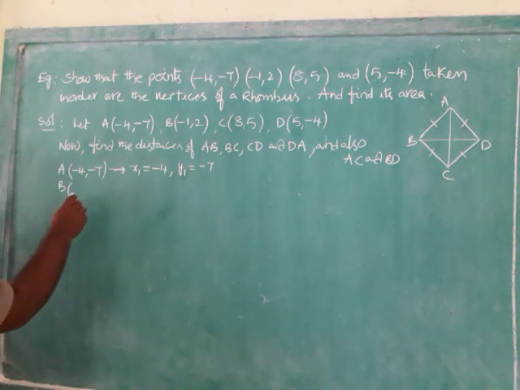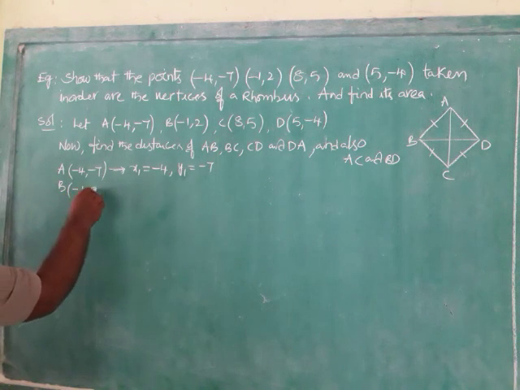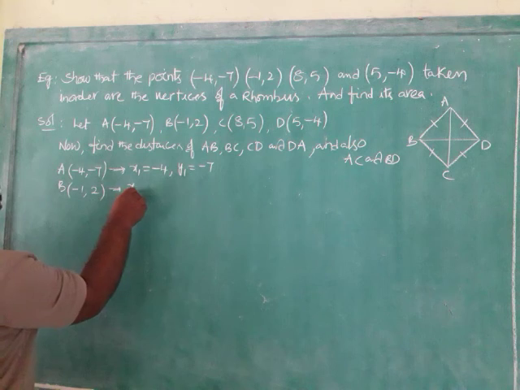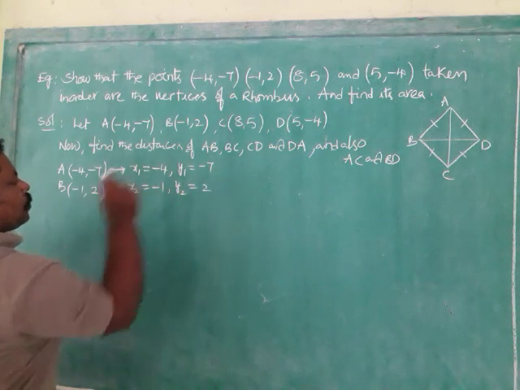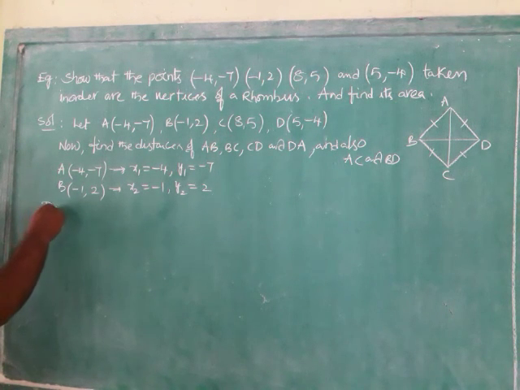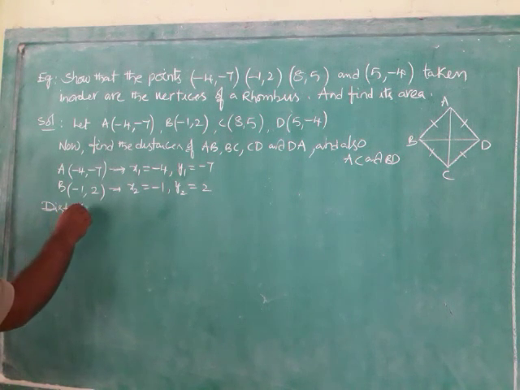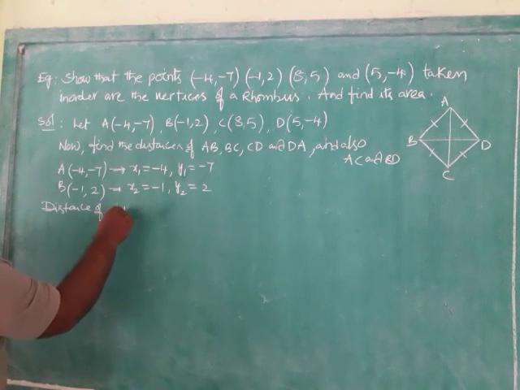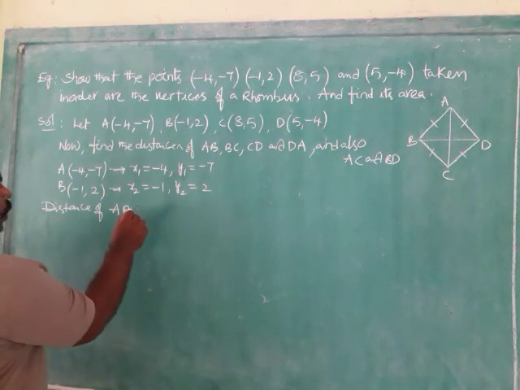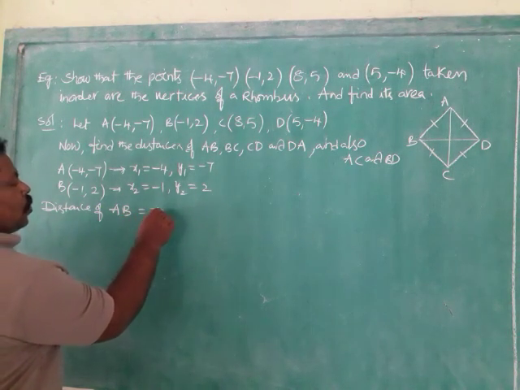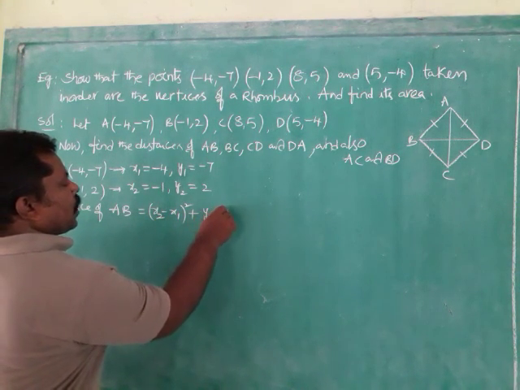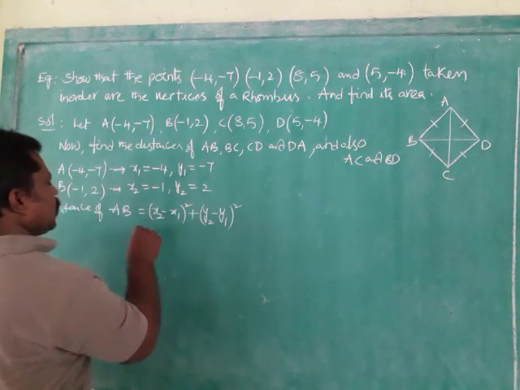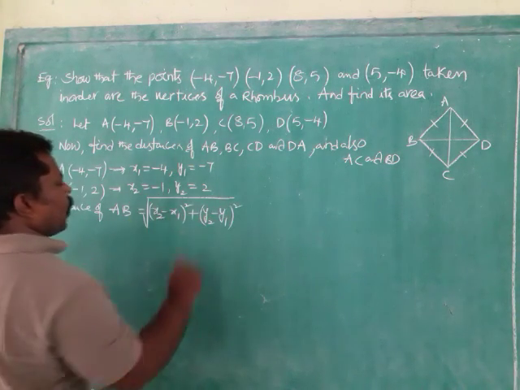B is minus 1 comma 2, that implies x2 is equal to minus 1, y2 is equal to 2. Now distance of AB is equal to square root of x2 minus x1 whole square plus y2 minus y1 whole square. It is the distance formula.